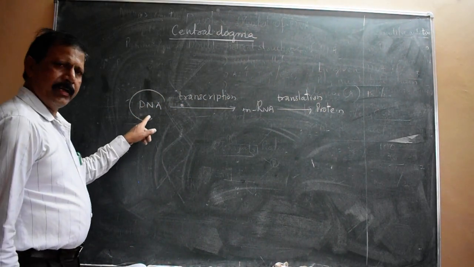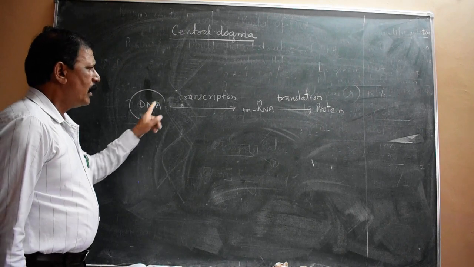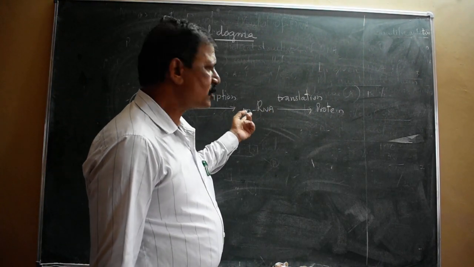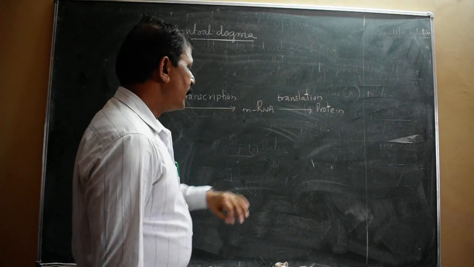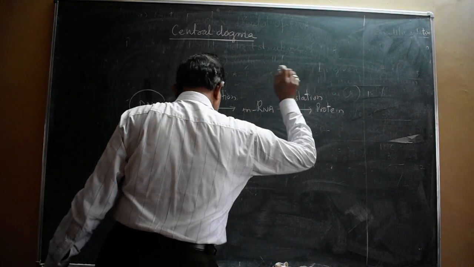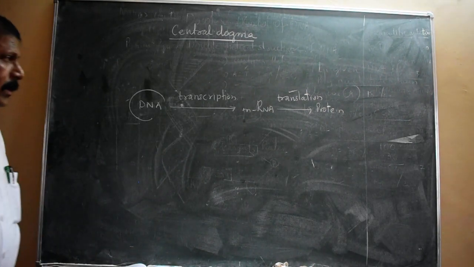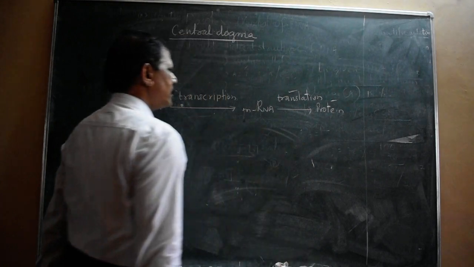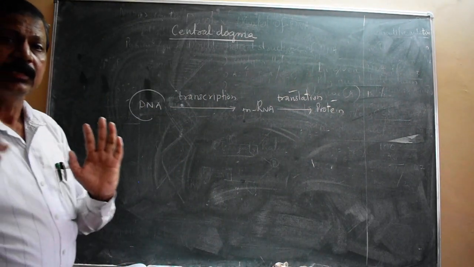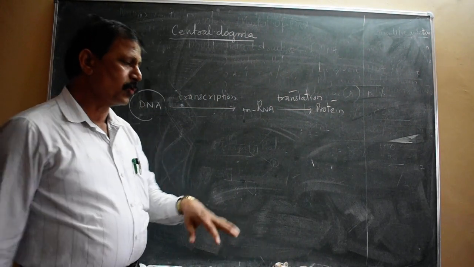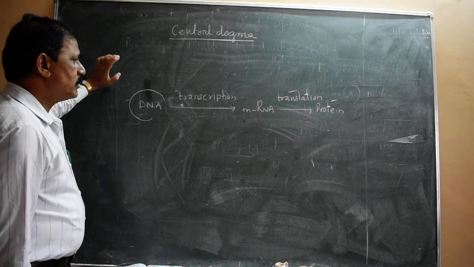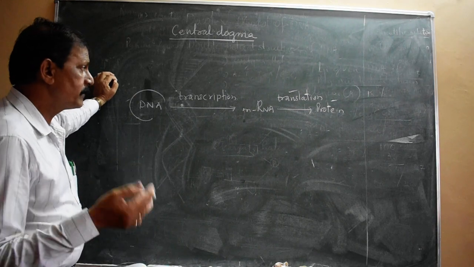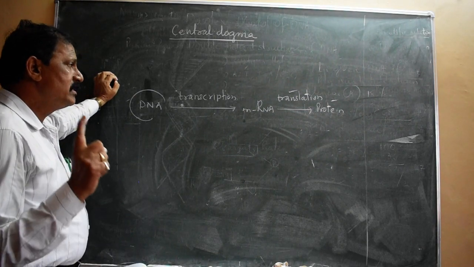So DNA is converted into RNA, and that RNA contains one type of message, that is why it is called mRNA. When this mRNA undergoes translation, at that time it is converted into protein. So this process is called protein synthesis. Protein synthesis plays a very important role in the expression of the gene, and this is also called gene expression.